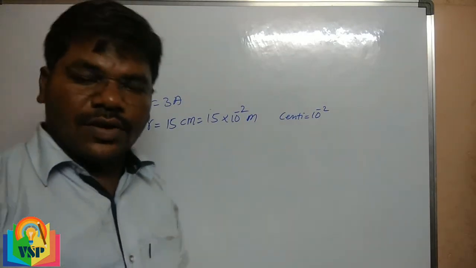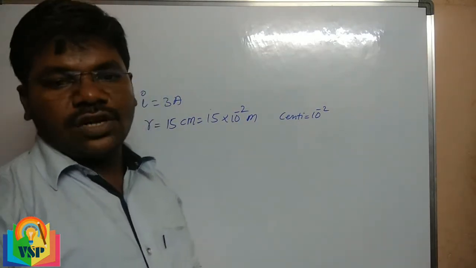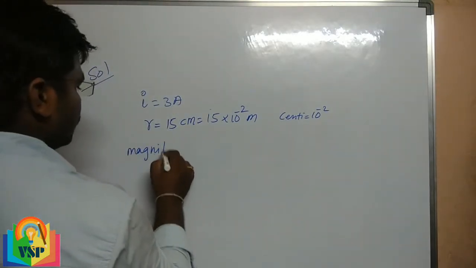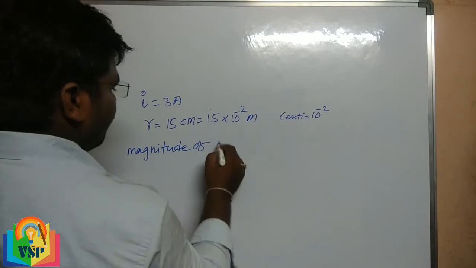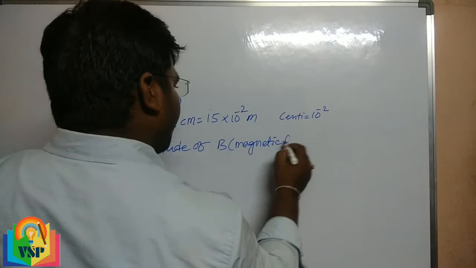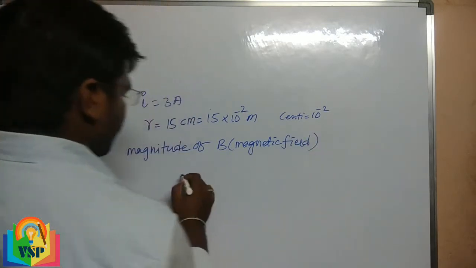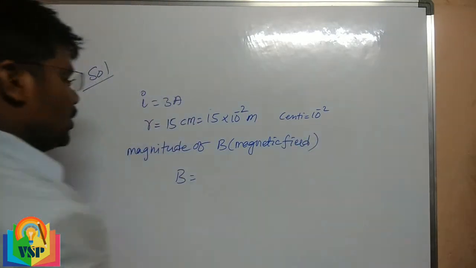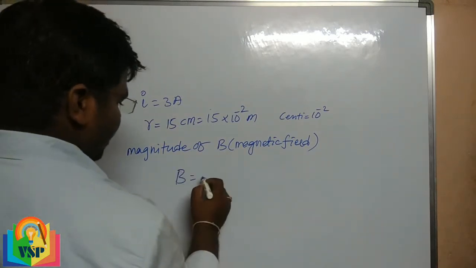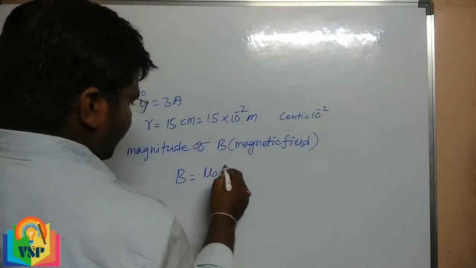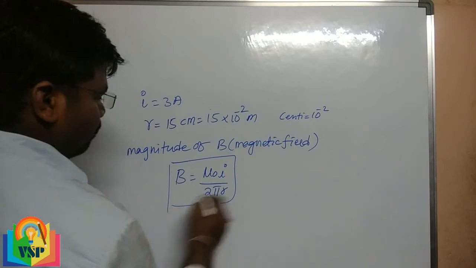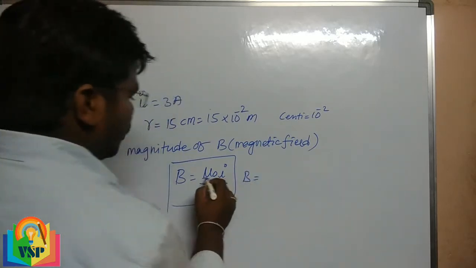So from this, how can we find the magnitude of magnetic field? For a straight conductor, the magnitude of magnetic field is mu naught I by 2 pi r. This is the formula.